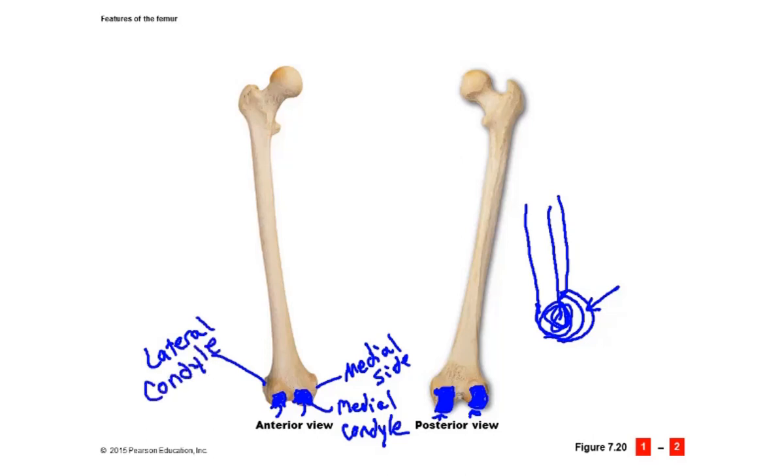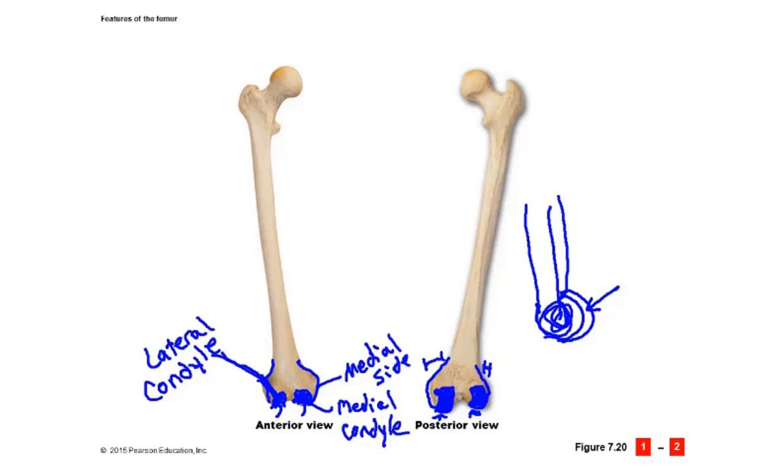So that goes all the way down to the condyle there. So these smooth surfaces are called condyles, medial and lateral. And notice that the medial side sticks out way more than the lateral does. And see on the posterior view, the medial sticks out way more than the lateral.